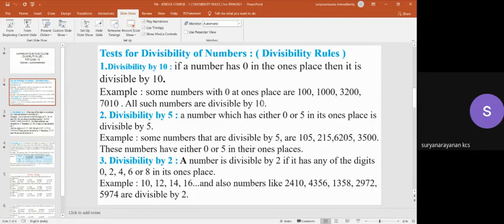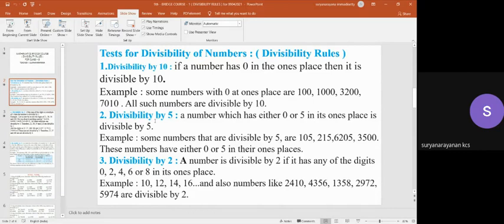These divisibility rules are very useful in cancellation and in finding LCM of given numbers. Okay, my dear children, please learn these divisibility rules. These points are very useful in finding LCM of the given numbers. So this is about divisibility by 10.